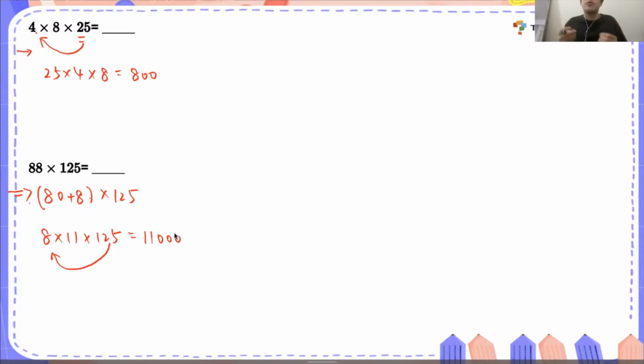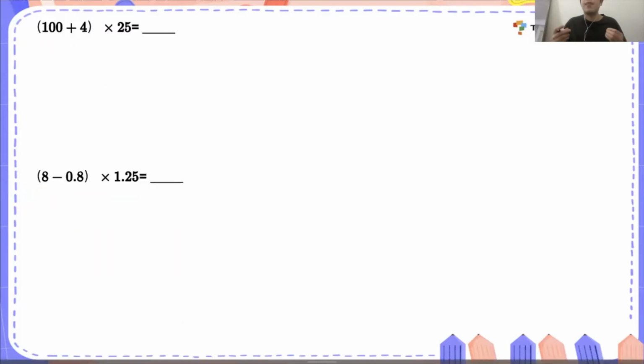So we just use some calculation tricks to help us work out these 2 questions, and then we have these 2 questions. That is an obvious distributive law question, and what we do is just remove these brackets, and you can do this question with me. Okay, so that first one is 100 times 25 and 4 times 25.